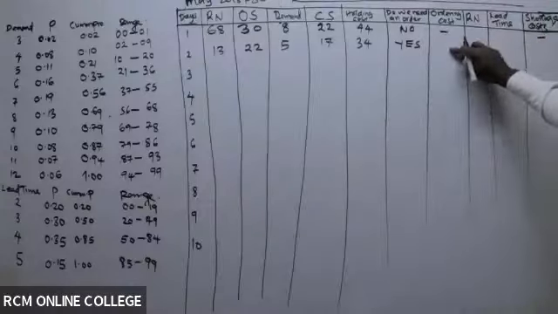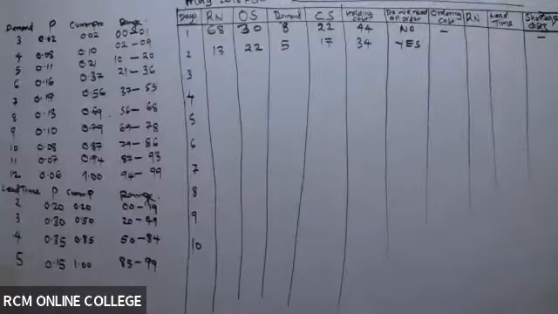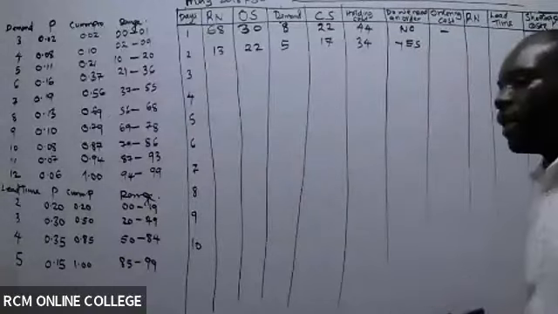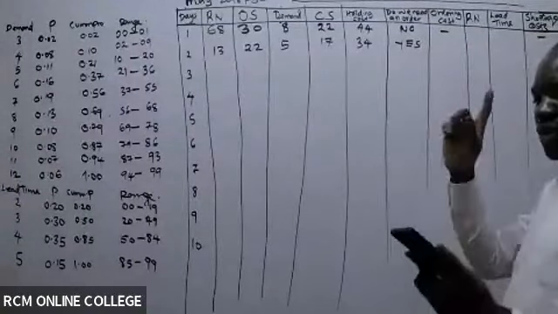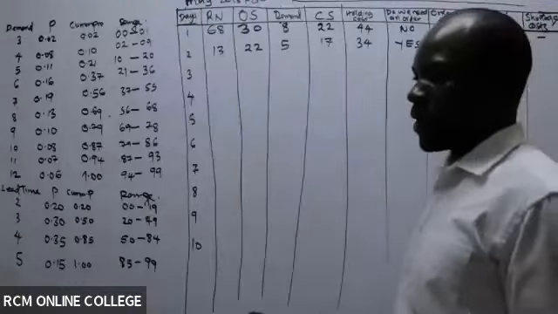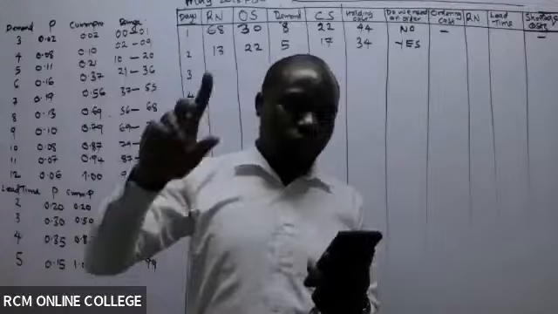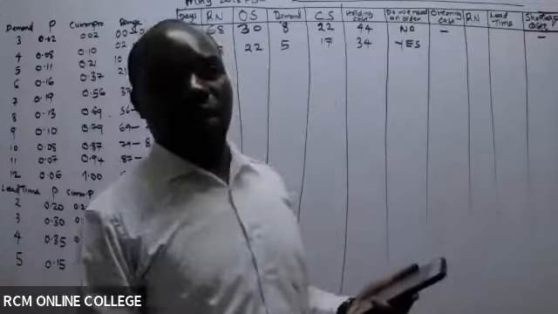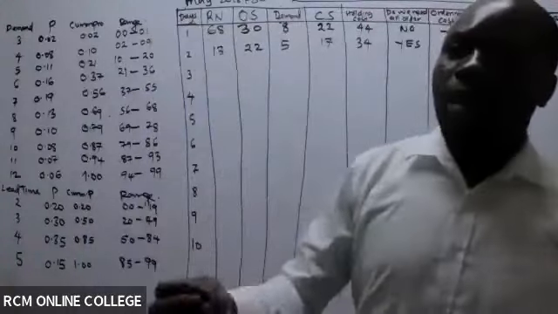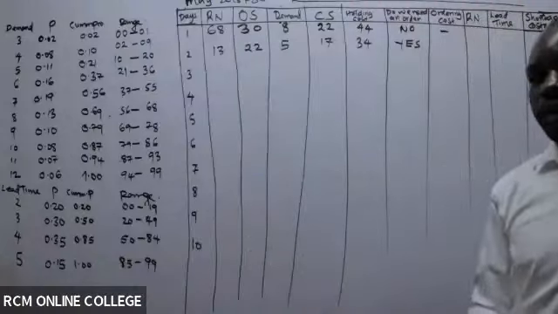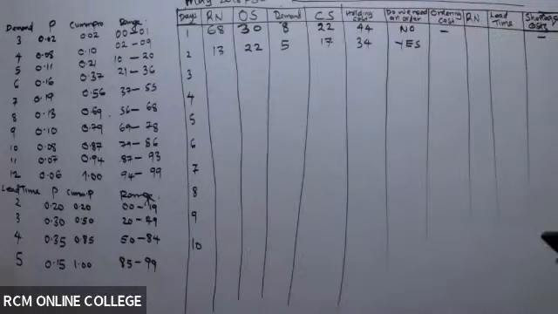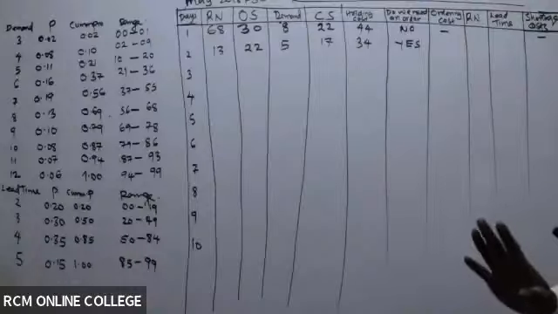The moment you indicate yes, you are going to make a new order, then you must incur the ordering cost. What did I say? The ordering cost is dependent on the number of orders. So what is the ordering cost per order? That information must have been given somewhere there. Is it information number 1, number 2, number 3? And if yes, how much is the ordering cost per order? Note number 1, the ordering cost per order is 80 shillings.